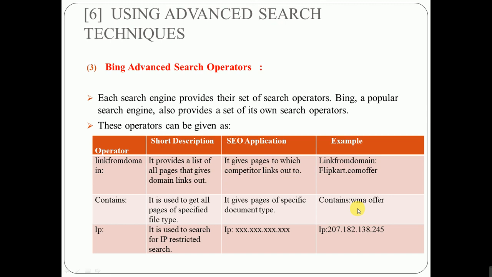So then the next operator is the IP operator. It is used to search a specified IP restricted search. If any website has restricted the IP search, then you can use it. So here, SEO application, it is specified the IP, so you can use the IP directly, IP colon.